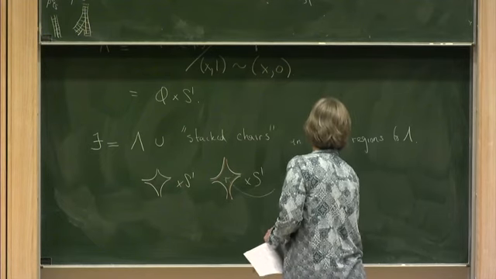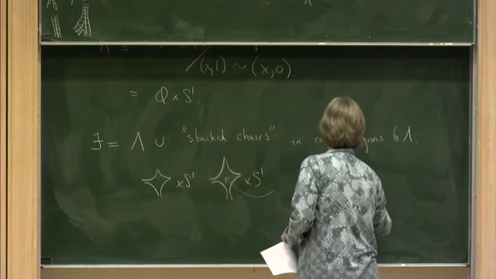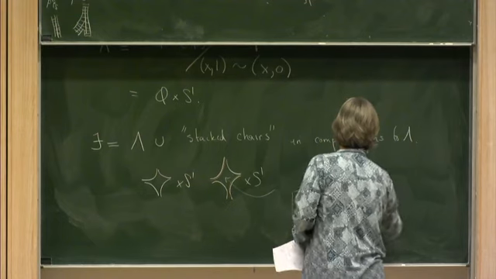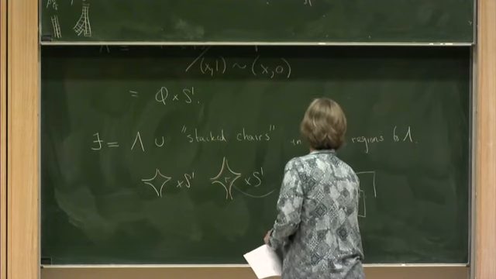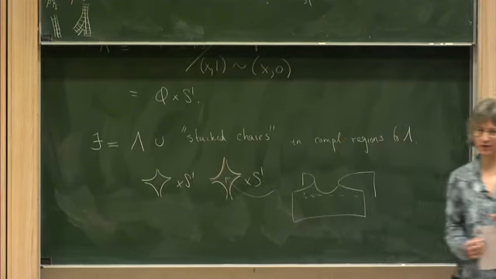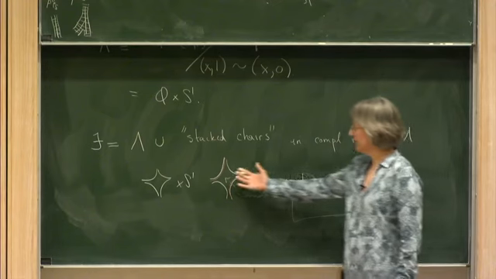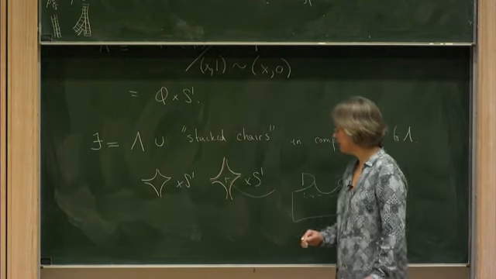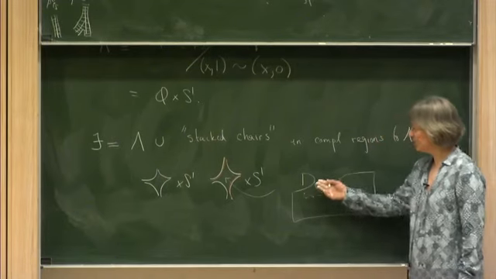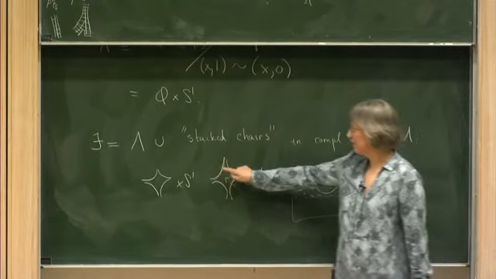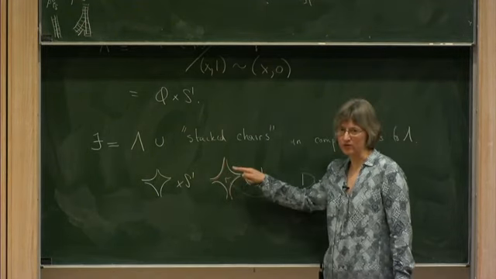I'm going to think about taking disks. In a sense, this is very similar to the game we were playing when we were constructing the RABE component. You think about taking meridian disks that foliate the solid torus, except I want pieces of my disk now to spiral in and have in their limit set the boundary of this solid torus.